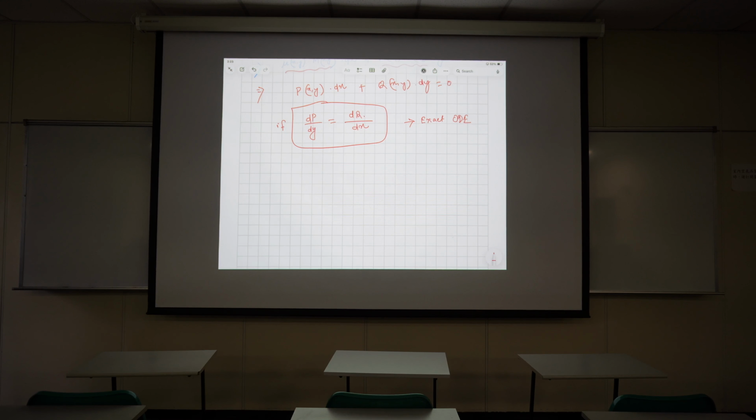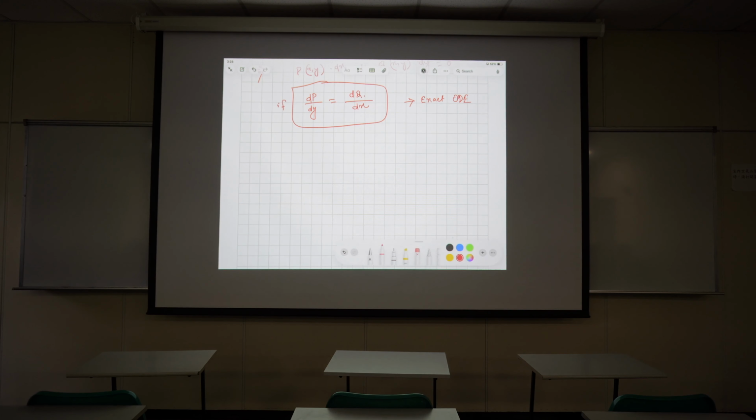And the solution method for this ODE is pretty much the same. That means to solve this ODE, what do we need to do?